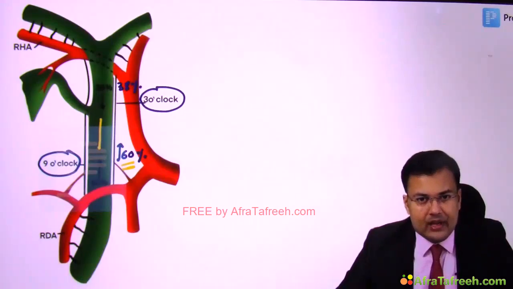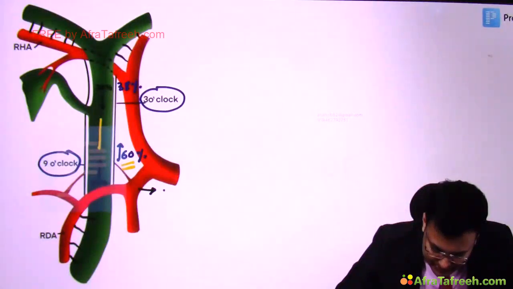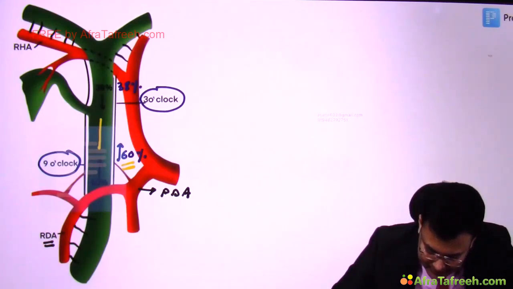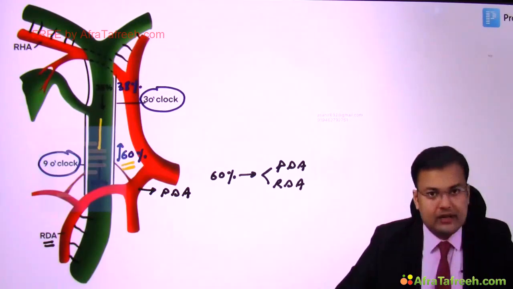Now see, what are the vessels which contribute to the blood supply of bile duct? From below, you can see this is the pancreaticoduodenal artery and this is the retroduodenal artery. So 60% blood supply from below is by pancreaticoduodenal artery and retroduodenal artery, right?